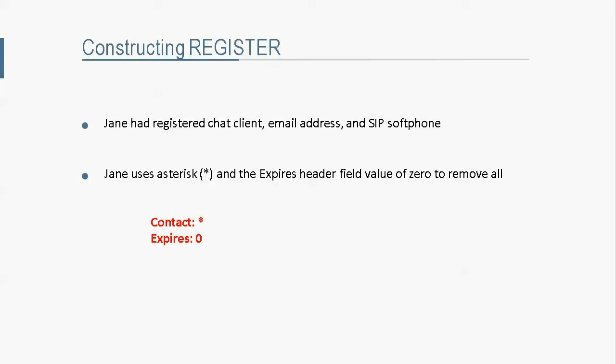That would be extremely inefficient though. Jane could simply use a special value just valid for contact header fields, an asterisk, and the expires header field value of 0. Please note that we cannot use the expires parameter here, as we are looking at this from a more global point of view. It has to be the expires header field.